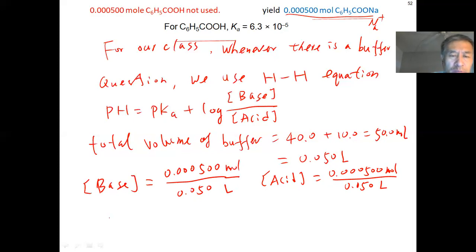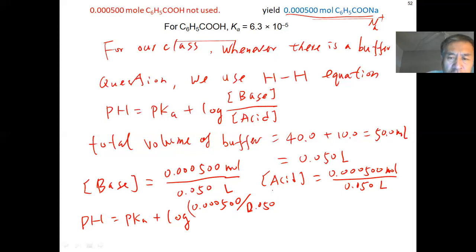So now we plug those into the Henderson-Hasselbalch equation. So pH equals pKa. We'll find the pKa later. So equals plus log. The concentration of the base on the top, so 0.000500, omitting the unit, divided by 0.050.